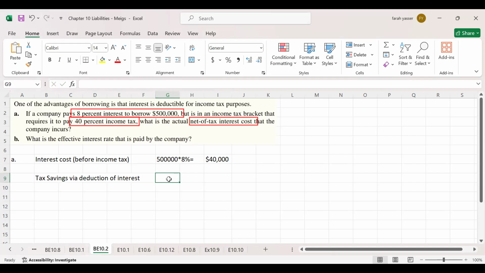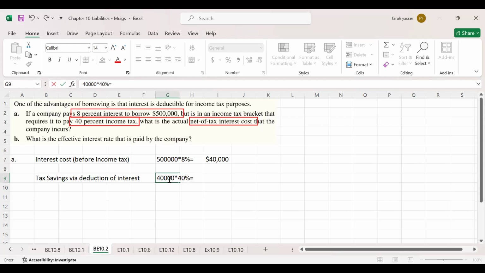You can calculate it: the total interest expense is 40,000, multiplied by the income tax rate of 40%.